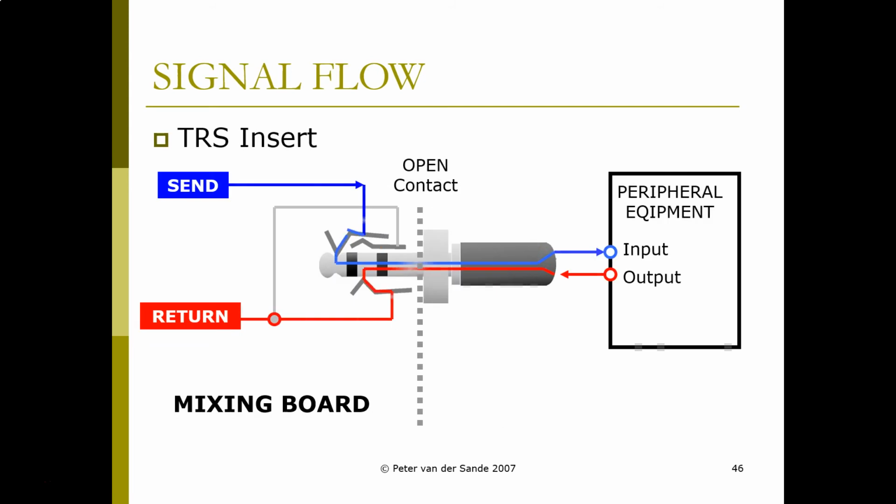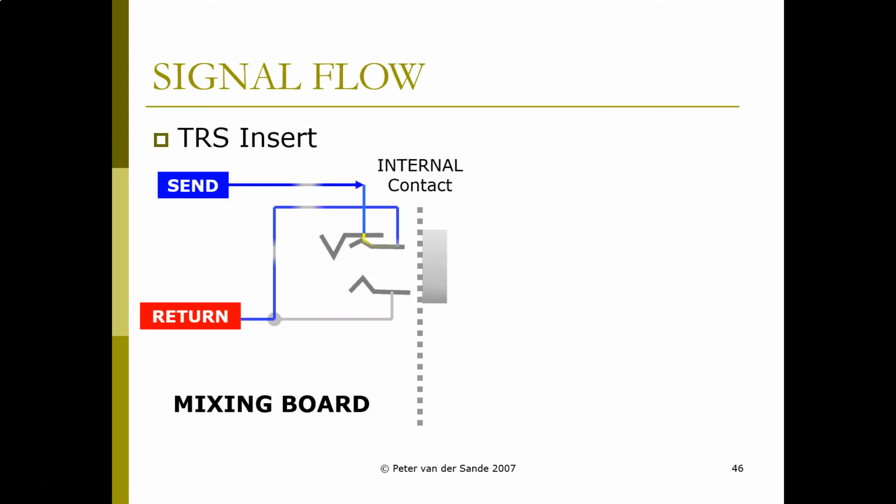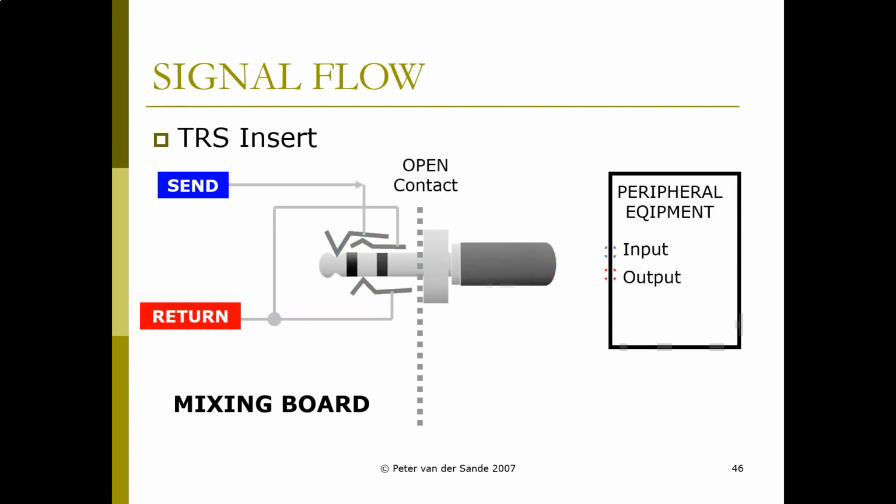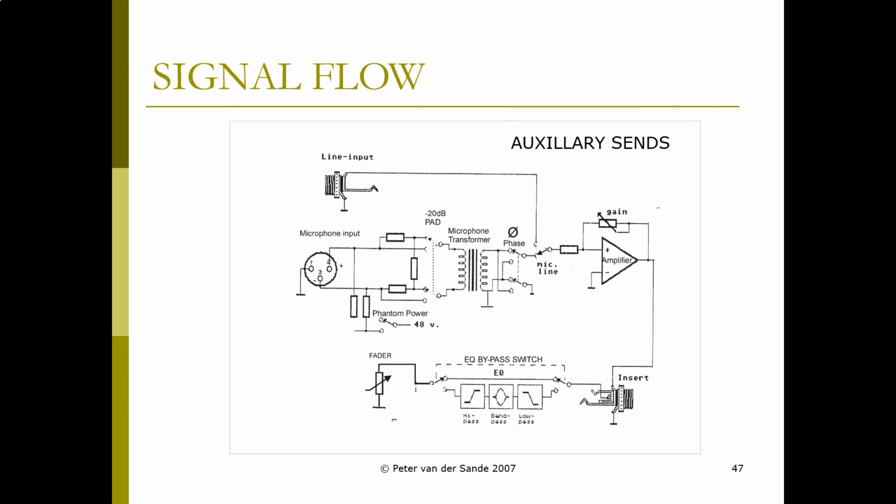You could either have it not connected and the signal flows through the switch that's part of that connector from the send to the return, or when you plug a connector into it, the signal now is sent through the tip to the peripheral or outboard equipment and then back in through the return to our mixing console, and then on to the equalization and so on.